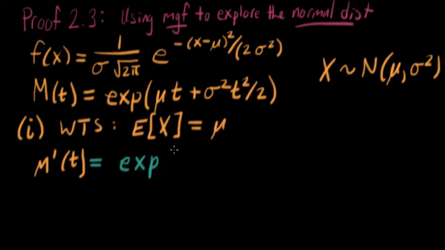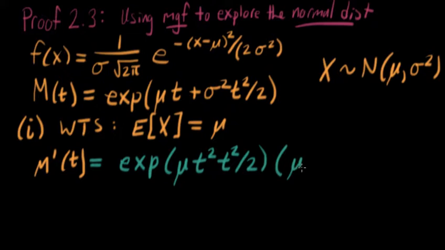Well, it's going to be e to the everything that's right up here, t squared over 2. But we need to use our chain rule. Oops, I forgot the addition symbol there. Actually, I'm just going to rewrite that because I forgot several things.